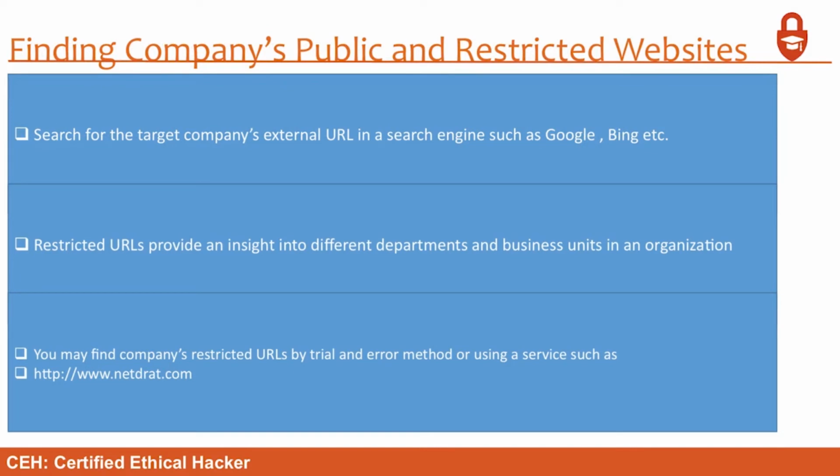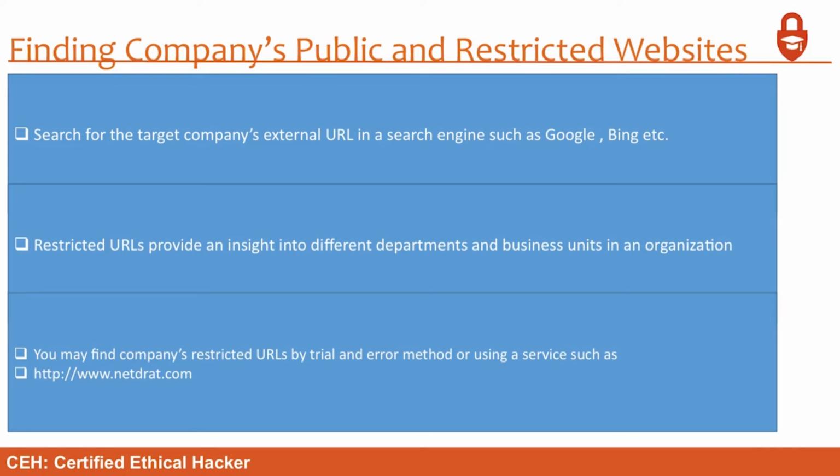So finding a company's public and restricted websites. You search for the target company's external URL in a search engine, such as Google, Bing, etc. And restricted URLs provide an insight into different departments and business units in an organization. You may find companies' restricted URLs by trial and error using a service such as netcraft.com.